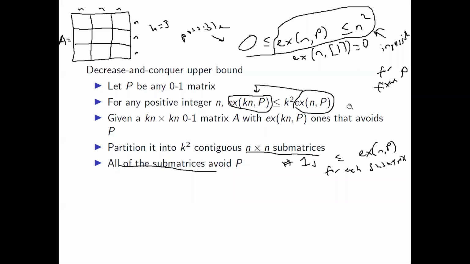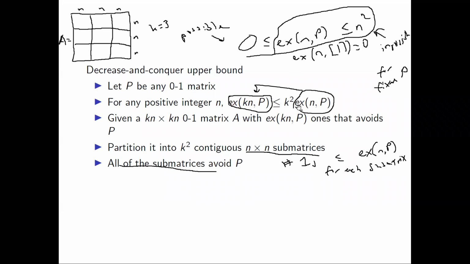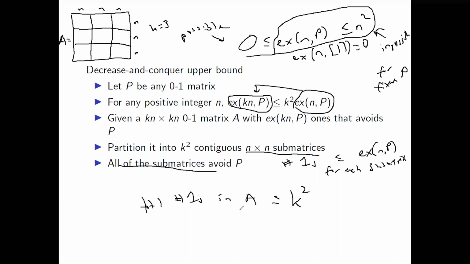We have a total of k squared of these submatrices, each with at most EX(n, P) ones. So the total number of ones in A is less than or equal to k squared times the maximum possible number of ones in any of these submatrices, which is EX(n, P).